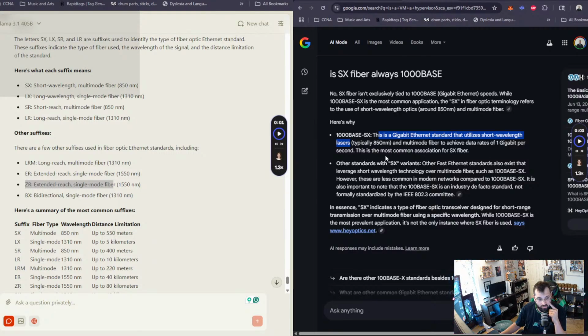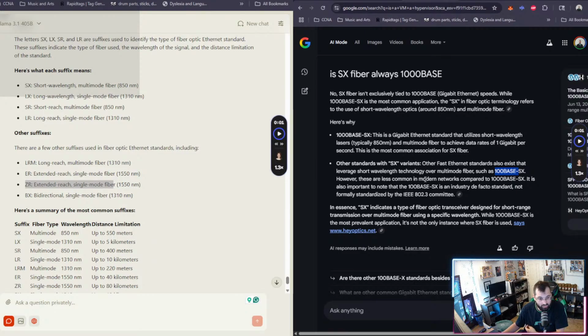This is the most common association of SX fiber. Other standards of SX variants, other fast Ethernet standards also exist that leverage short wavelength technology over multi-mode fiber, such as 100 base SX.